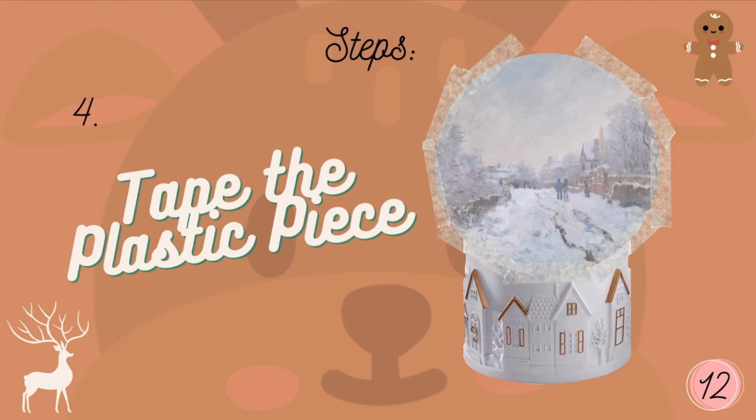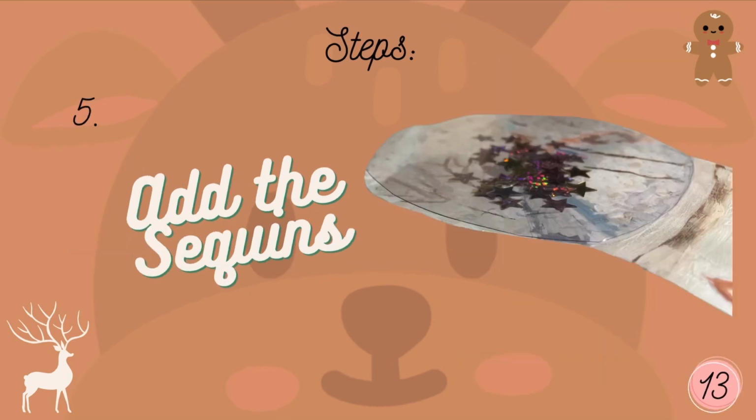And the fourth step is to tape the plastic piece onto the seam you drew, and be sure to leave a place so that later you can put your sequins in the taped plastic shield. So the fifth step is, of course, add the sequins.